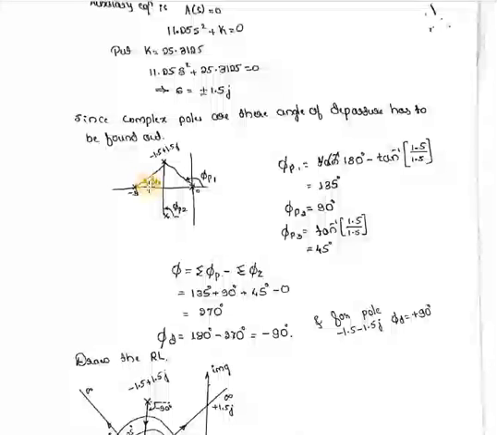Don't take 180 minus because it is an internal angle here. For the first one you have to take the external angle, which is the reason I subtracted that angle from 180 degrees. But here it is directly tan inverse of 1.5 divided by 1.5, which is 45 degrees. Since there are no zeros, no need to bother with that.